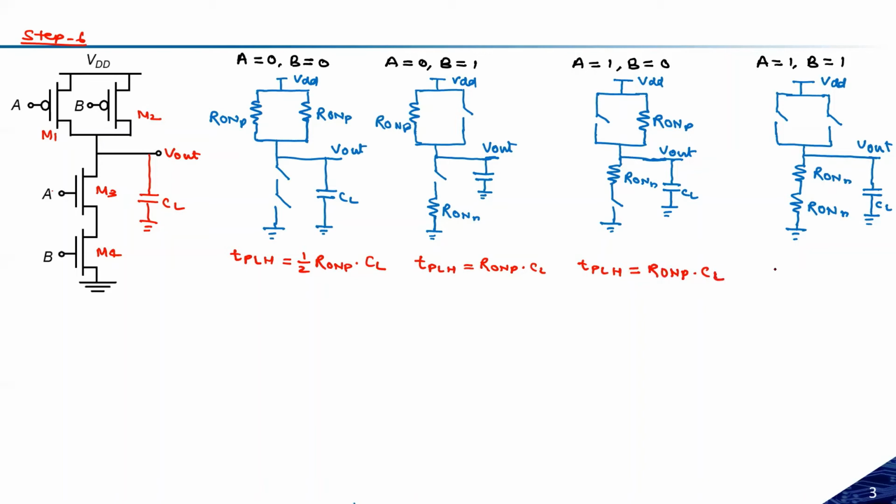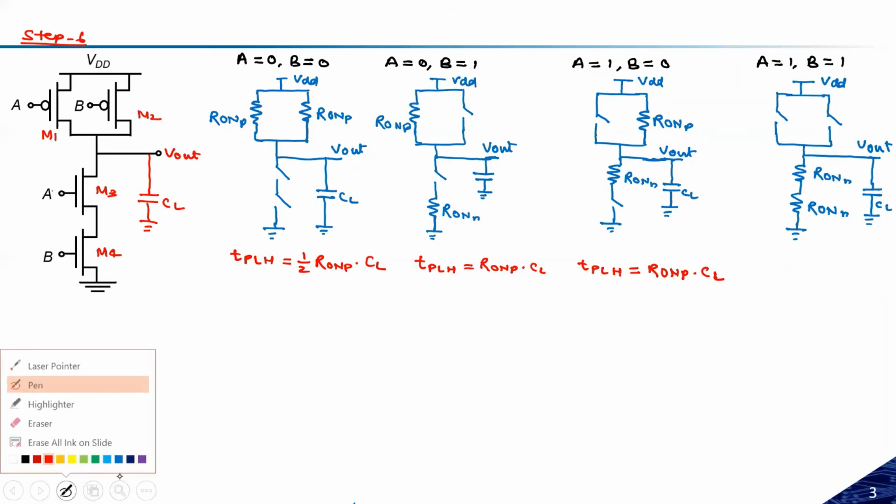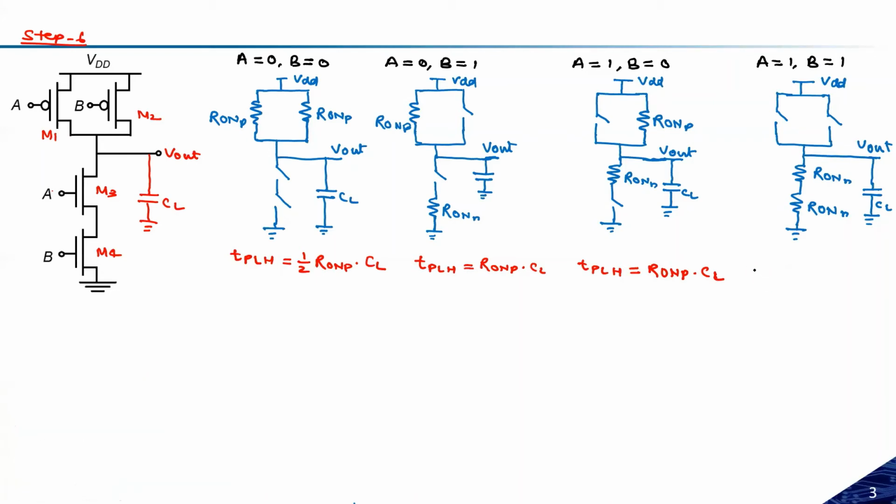And for this case, TPHL equals 2 times R on N into CL. Let me change the color for TPHL so that you can differentiate it properly. So TPHL is nothing but 2 times R on N into CL.